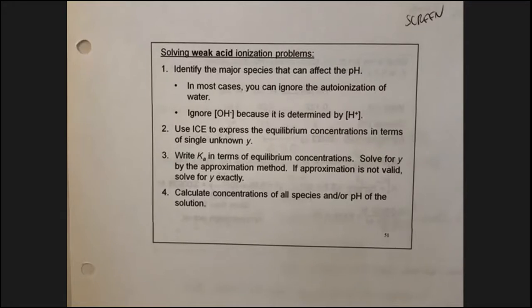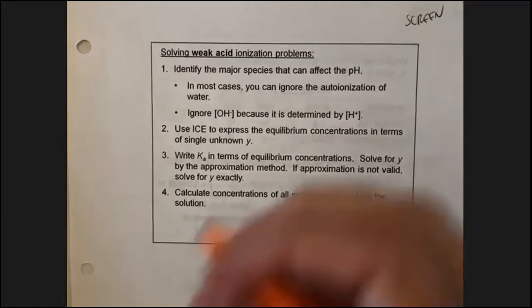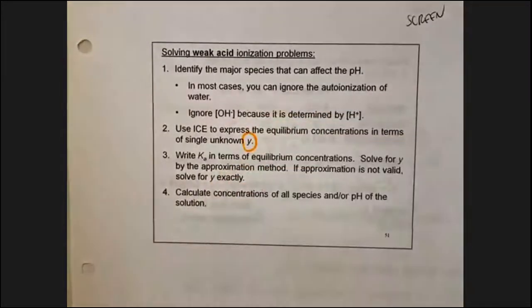We set up an ice table so we can express the equilibrium concentrations in terms of a single unknown, which I'm using Y again. You can use whatever letter you want. I don't like to use X because I don't want to get it confused with the X in the times scientific notation. Now we write the Ka in terms of the equilibrium concentrations.